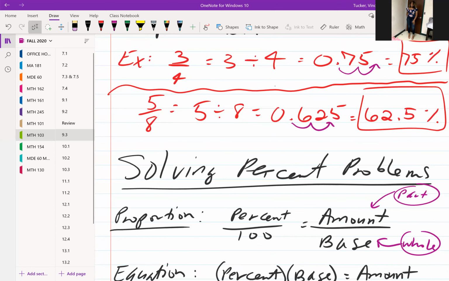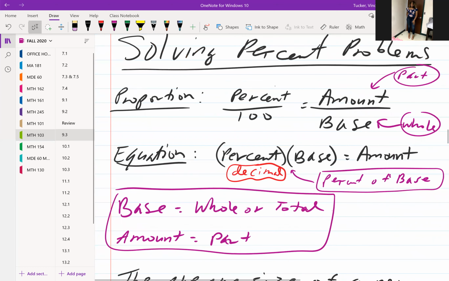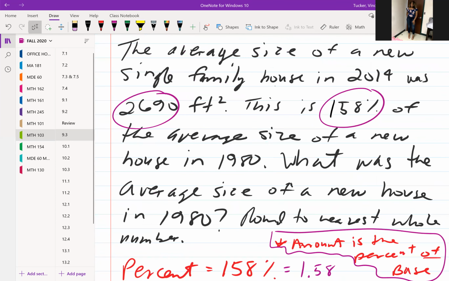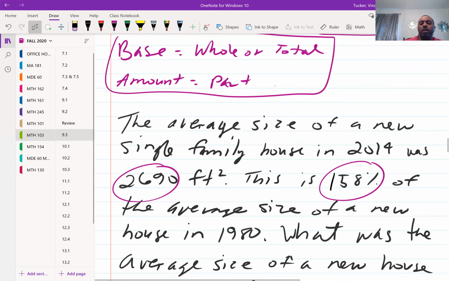Scroll down for the solving percent problems. Okay, go down. Okay, I'm good. I'm caught up. Thank you. Not a problem.